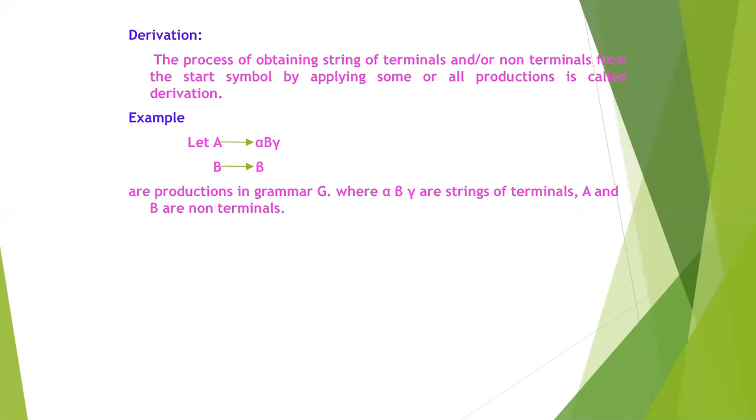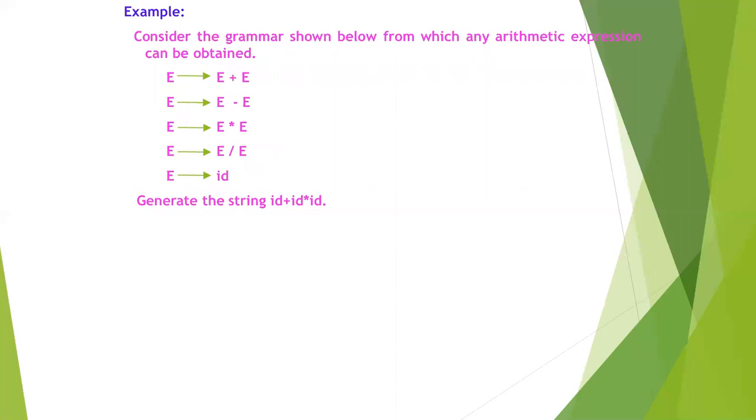Example, let A produces alpha B gamma, B produces beta, be the productions in the grammar G, where alpha, beta, gamma are strings of terminals, which cannot be derived further. A and B are non-terminals. It can be further derived into strings.